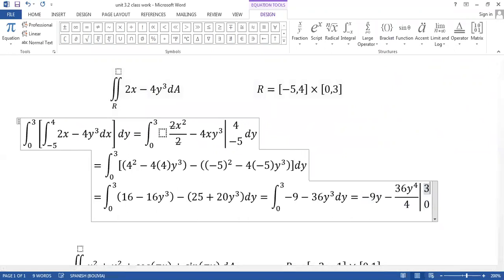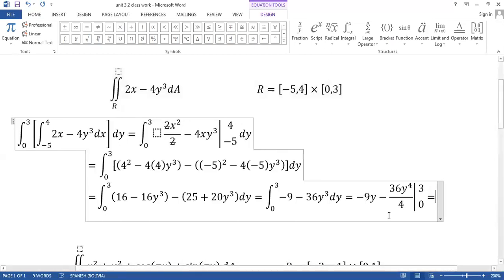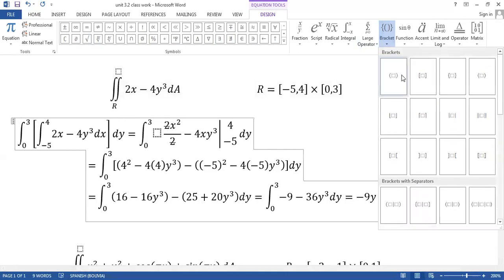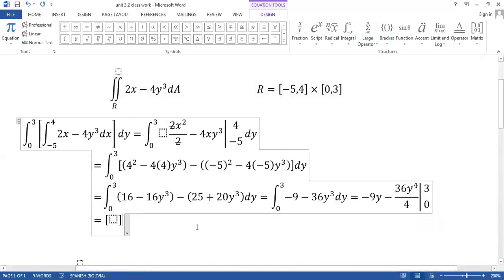All right, so let's do that now. Let's put it in and then clean house. Again, I'm going to put in my brackets so that my negative signs don't get all messed up. So I'm going to put in a 3 for y here.